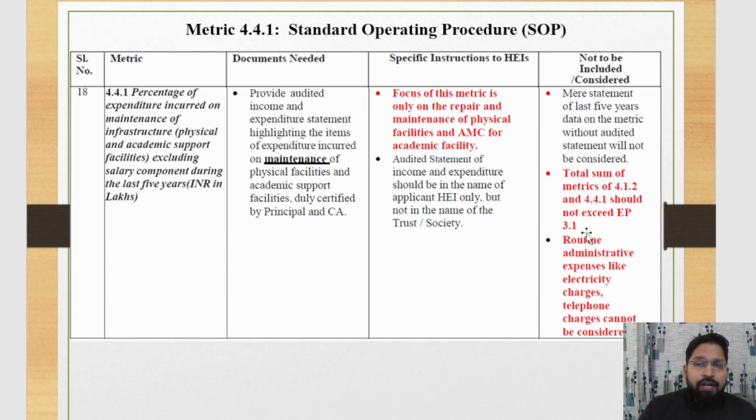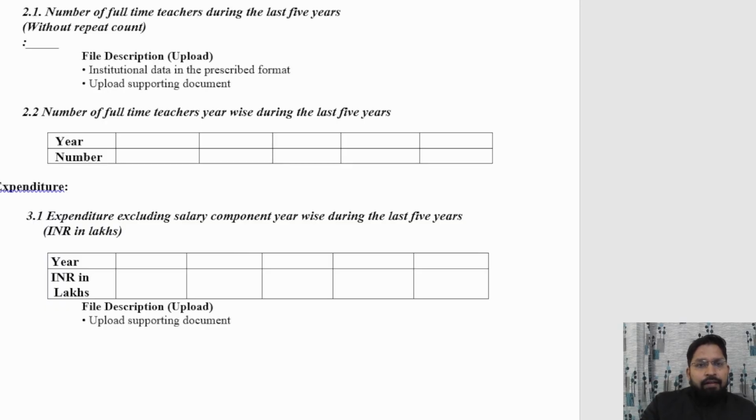EP 3.1 means extended profile 3.1, that is expenditure excluding salary component year wise during the last 5 years.